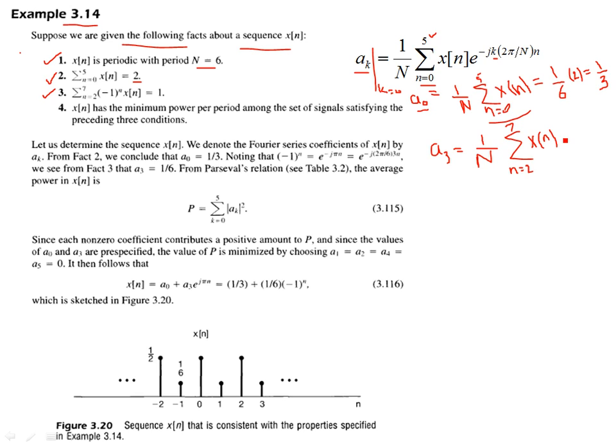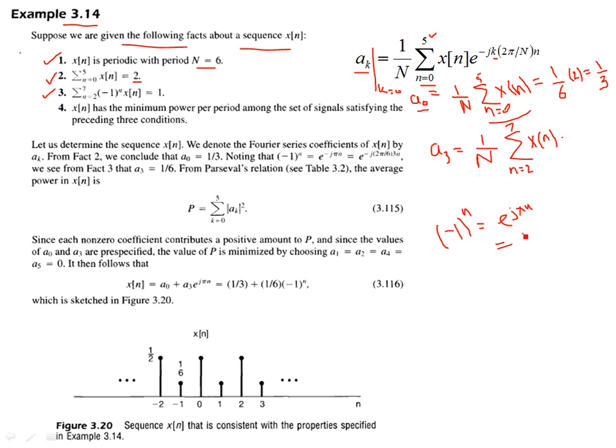Then we can write this as, well, how to write minus 1 to the n: you see, minus 1 to the n can be written in terms of exponentials as e to the j pi n, right? Because cosine pi is minus 1, sine pi is 0.